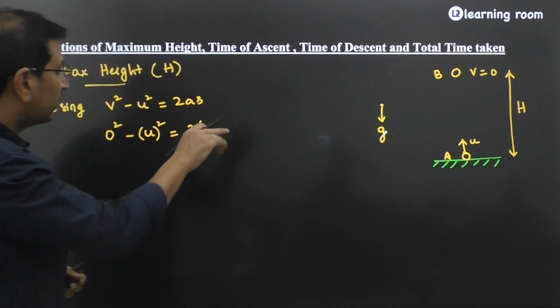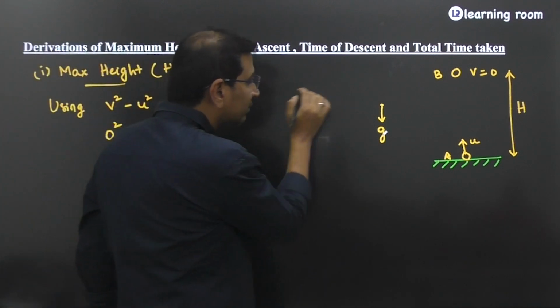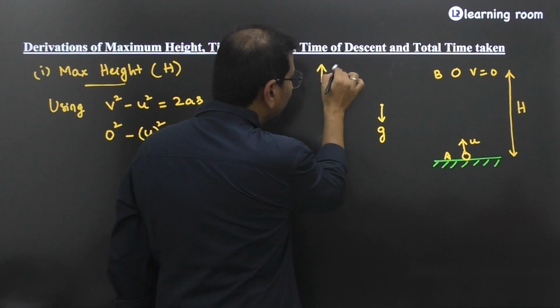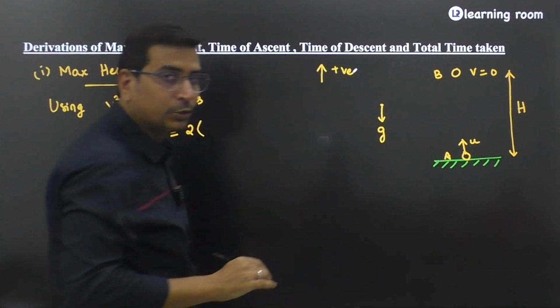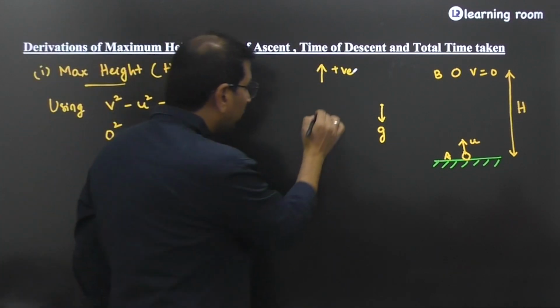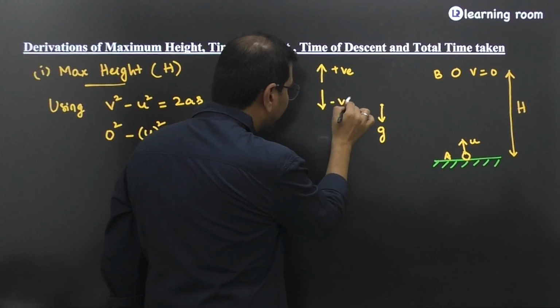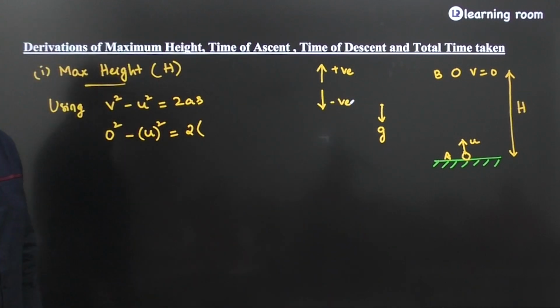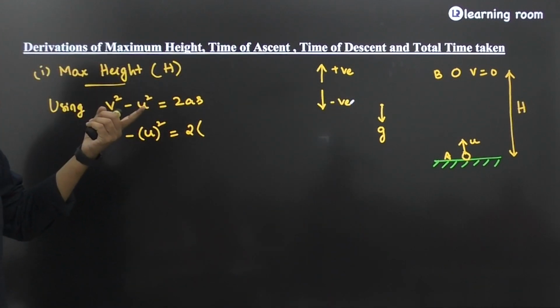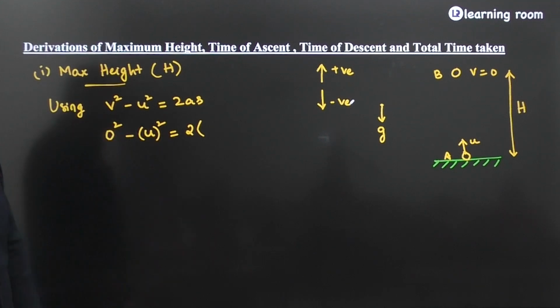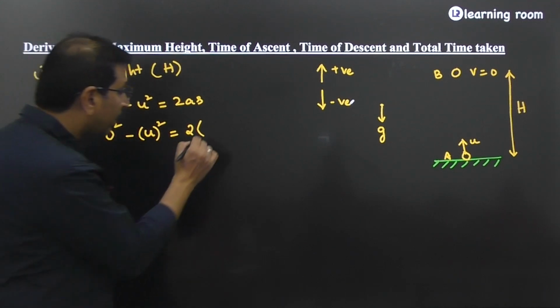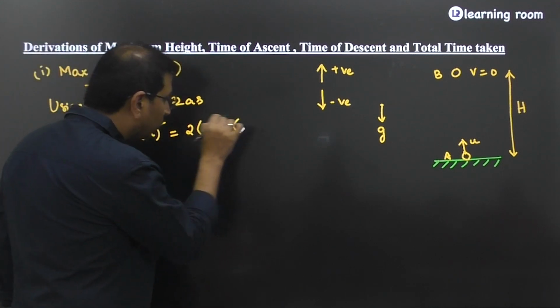Is the point clear? So now I'm going to introduce the sign convention. For all the vectors in the upward direction, I'll consider it to be positive, and all the vectors in the downward direction, we are going to consider it to be negative. So 0 square, anyways, no magnitude, minus u square is equal to 2 into, what is the acceleration due to gravity? It is minus g into, what is the displacement?